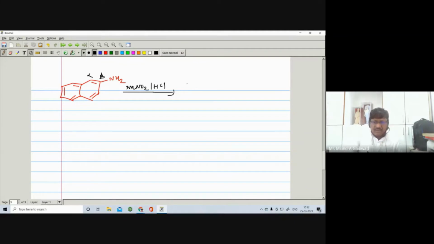So this NH2 group will be replaced by N2Cl. Here is a pi bond, and here is N2 plus and Cl minus. When this compound undergoes hydrolysis, addition of water, the OH minus will add on the carbon where there is a nitrogen, and it will convert into the corresponding naphthol, that is beta naphthol.